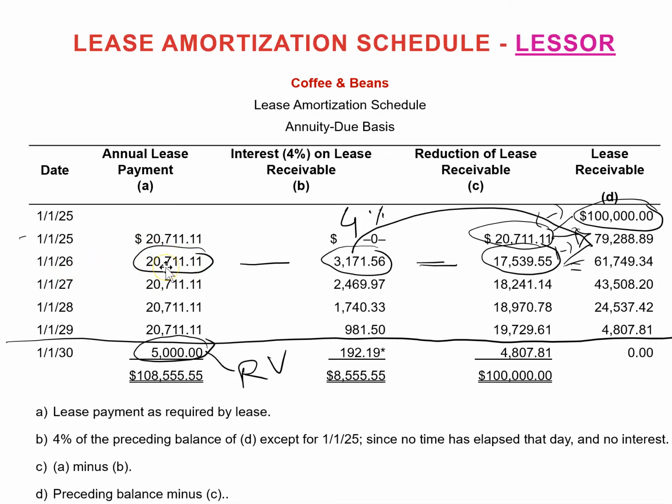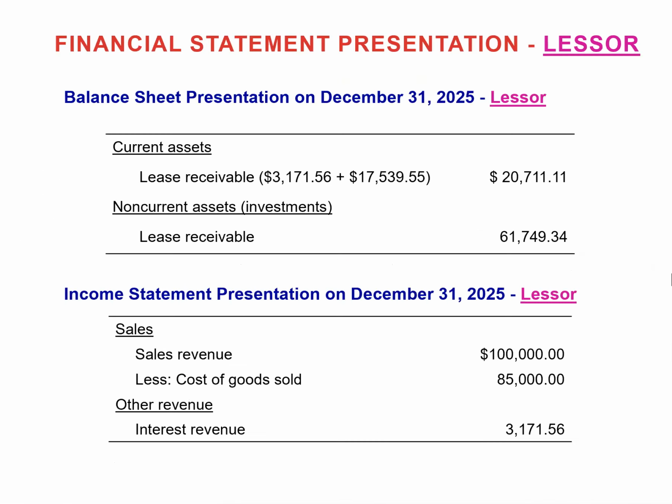So this is actually current receivables. And after subtracting that, the amount will be their long-term receivables. So you will split it, long-term or non-current portion. So the immediate payment that they will get on January 1st, 2025 will be shown as current asset part, and the other remaining lease receivables part will be under the non-current part.